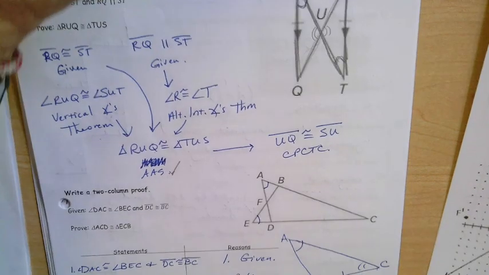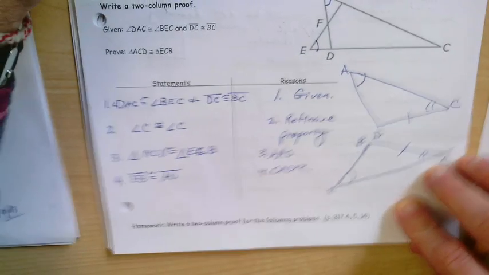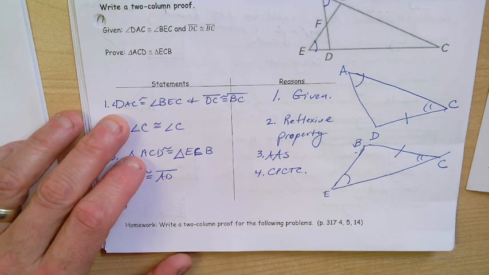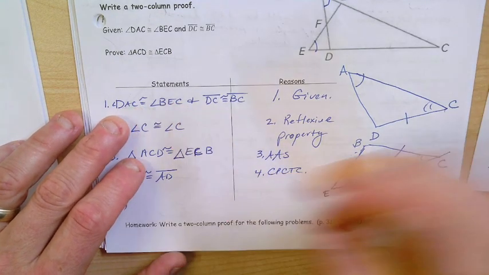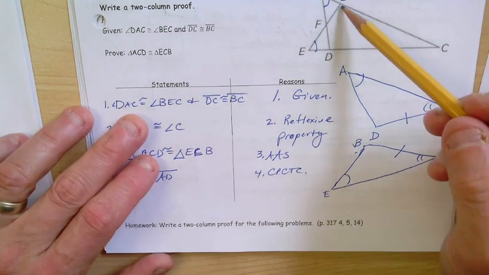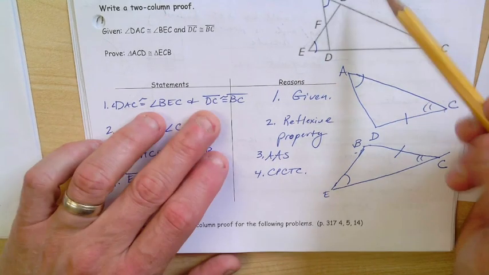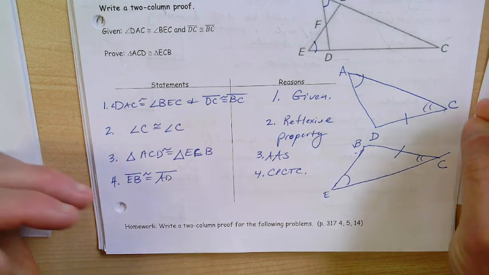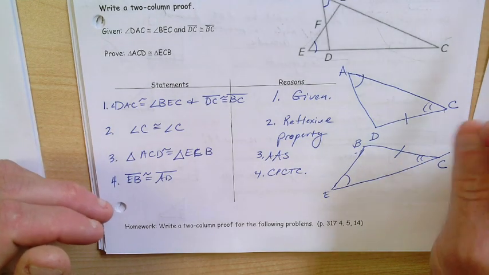All right, now, to finish things off, we have this proof right here. Here's what I did. I looked at my information, DAC, BEC, DC and BC. And I thought to myself, man, there's a lot going on here.